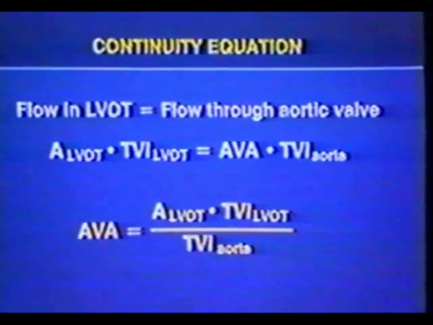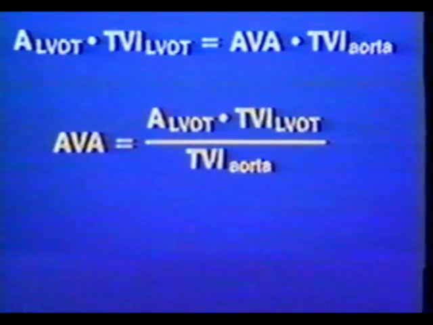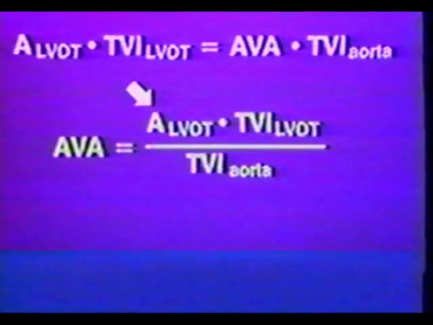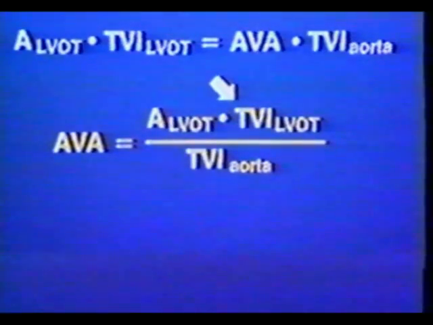Similarly, we calculate flow through the aortic valve by multiplying the aortic valve area times the aortic TVI. Rearranging the equation, we see that the aortic valve area can be obtained by multiplying the cross-sectional area of the left ventricular outflow tract times the TVI of the outflow tract divided by the TVI of the aorta.